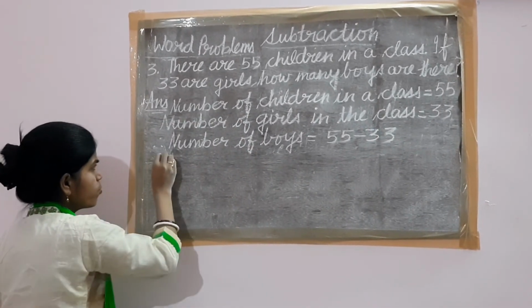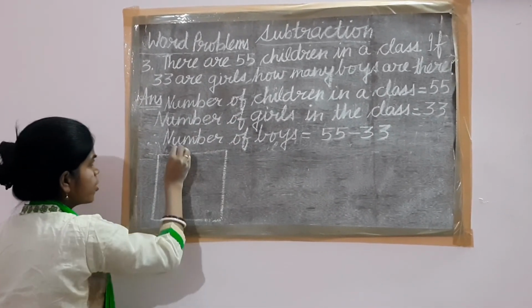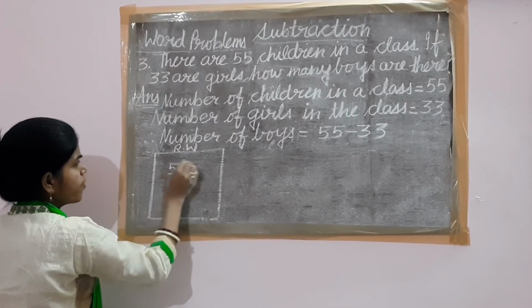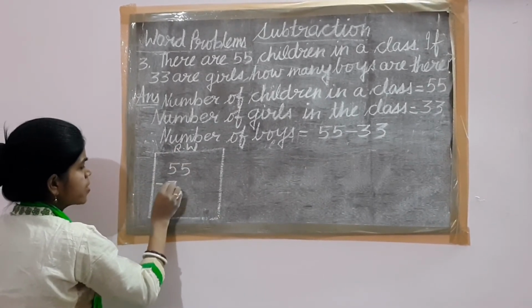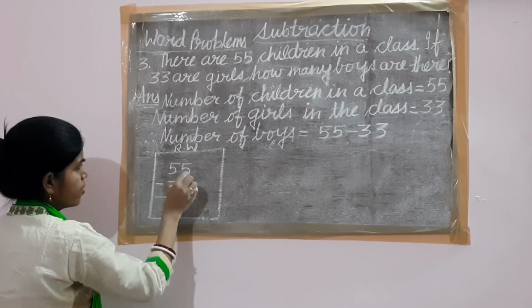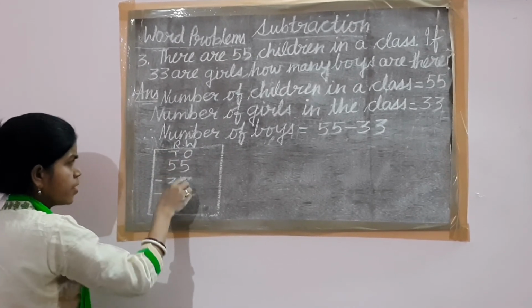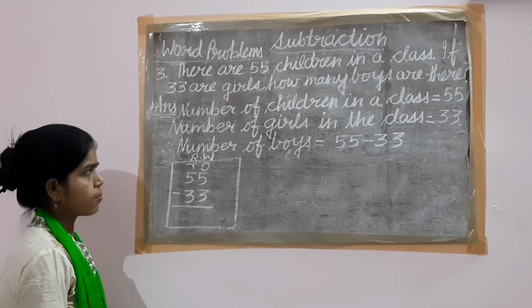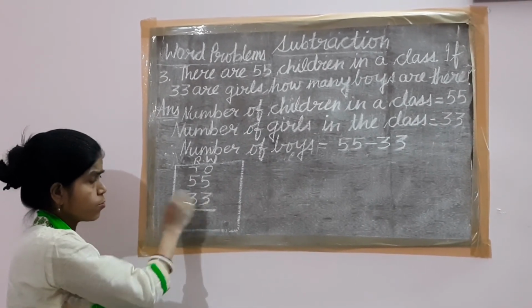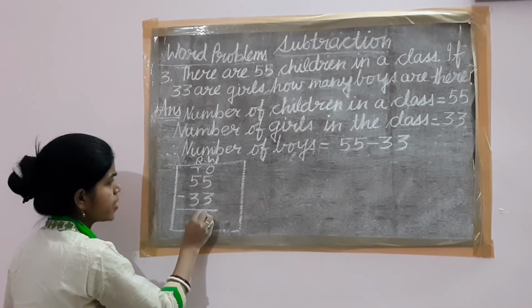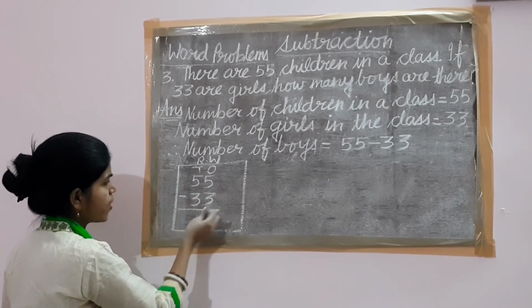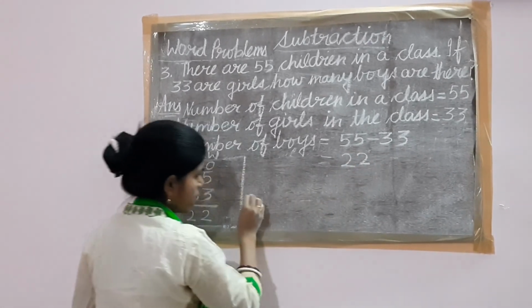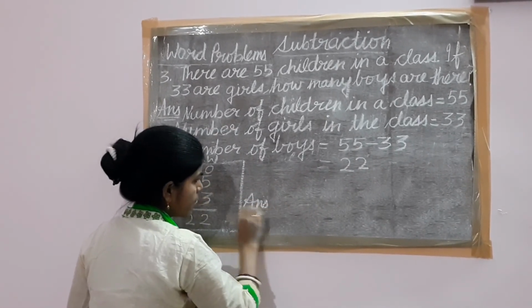Again, do the rough work there. Rough work: 55 minus 33. Here, children, you see up is 5 and down is 3. So in this word problem you need not do regrouping. 5 minus 3 is 2. Again 5 minus 3 is 2. Easy one. 22. Finally, what do we have to write?